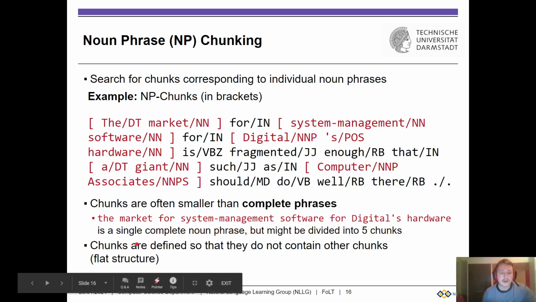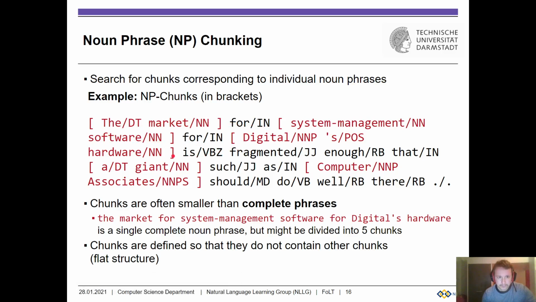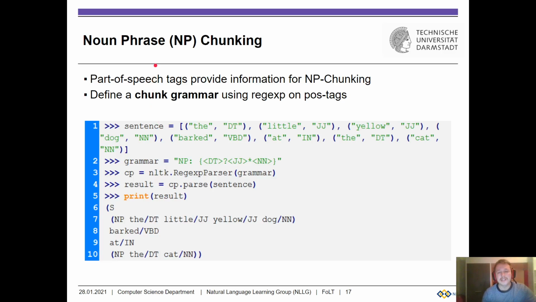And chunks are often defined so that they do not contain other chunks, so we have a flat structure. If we took this whole thing as one chunk, then it would contain those other chunks, and that's not what we want in chunking. We typically want the smallest possible chunks. How can we identify chunks in NLP?